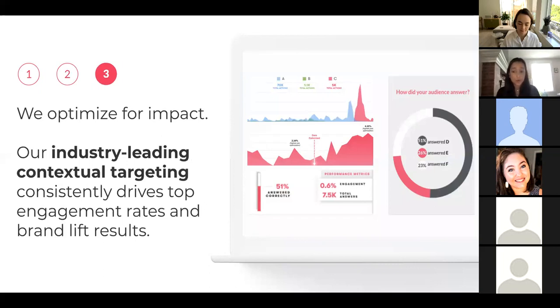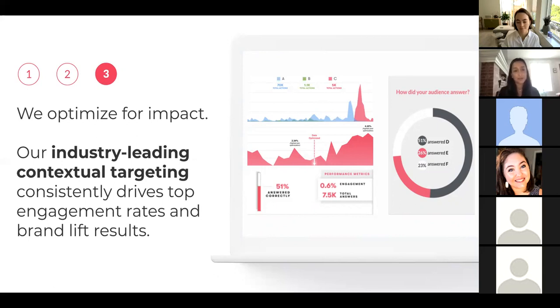Another great component is that we really focus on the relevant moments. We're showing up when people are thinking about these topics. And you'll see with the Budweiser example that it was running in content around food and wine in that industry specifically, so we were focused on that specific topic. And of course, the measurement is key.